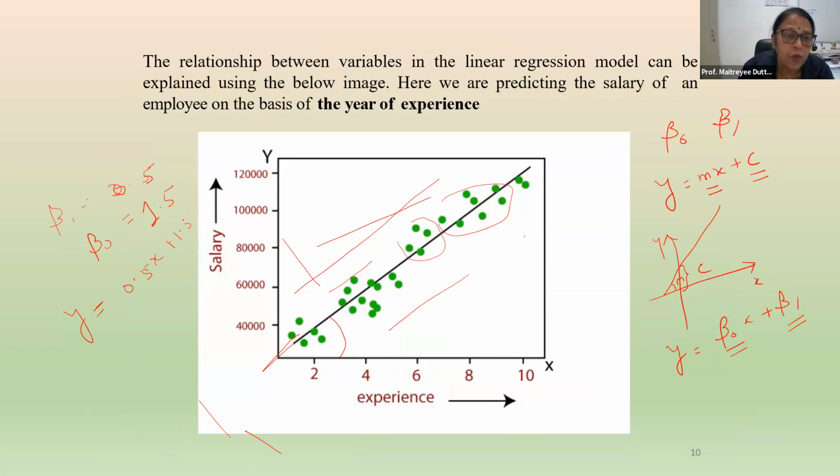Now, wherever you have this y value, actual, for this point you want to calculate, right? For example, the actual value it is giving is, say, 35.